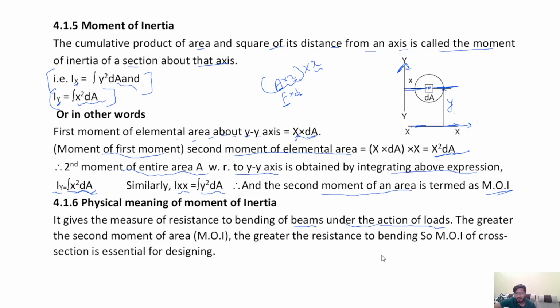That means the greater the second moment of area, that is the greater the moment of inertia, the greater the resistance to bending. So the moment of inertia of a cross section is essential for designing. This is the physical meaning of moment of inertia.